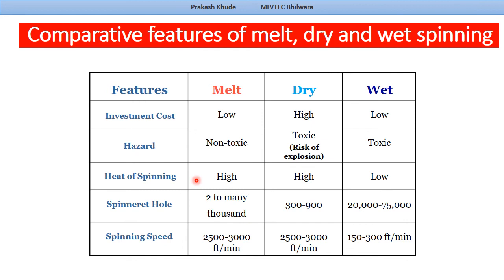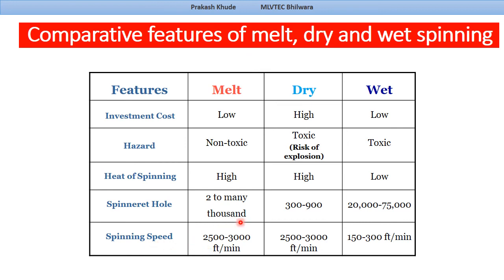In terms of spinnerette holes, the capacity is more in case of wet spinning systems, where 20,000 to 75,000 holes can be accommodated in the spinnerette plate. In melt spinning, we can go from 2 to many thousands, because we can produce monofilament or multifilament.